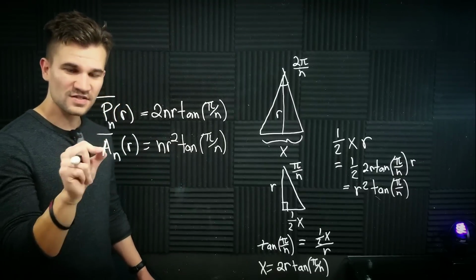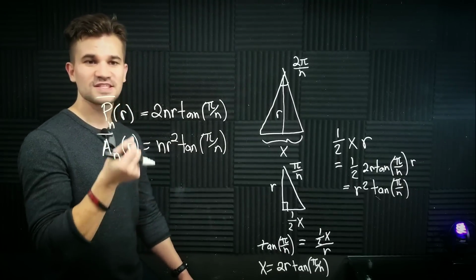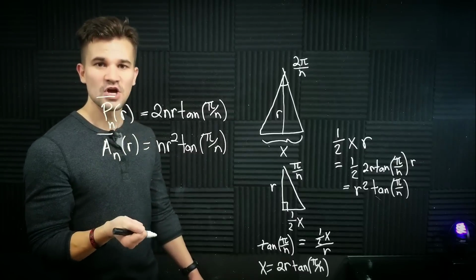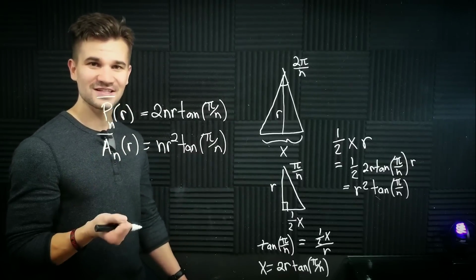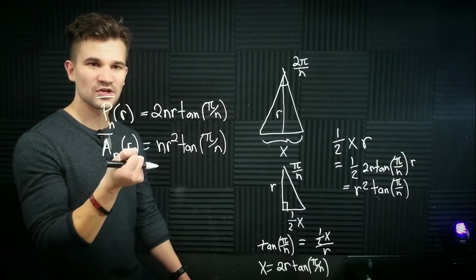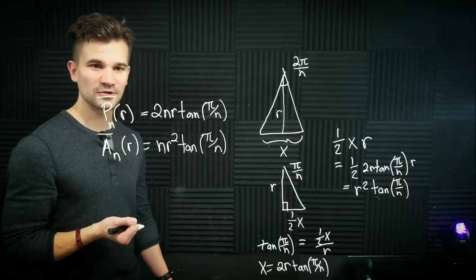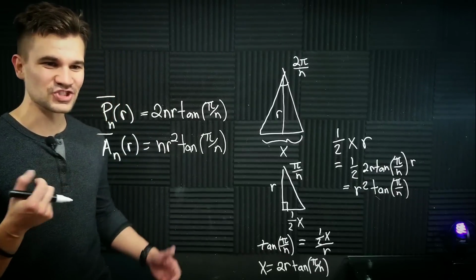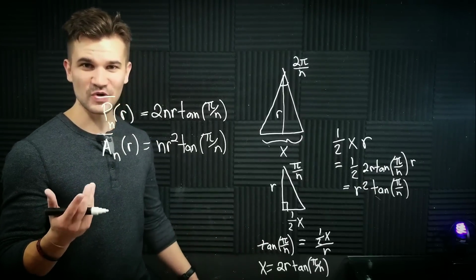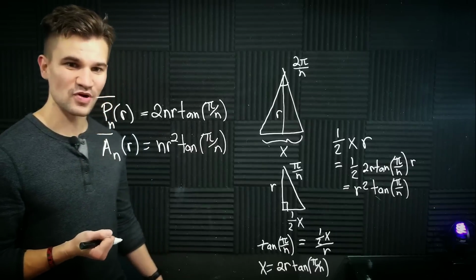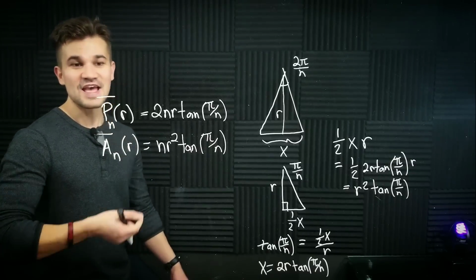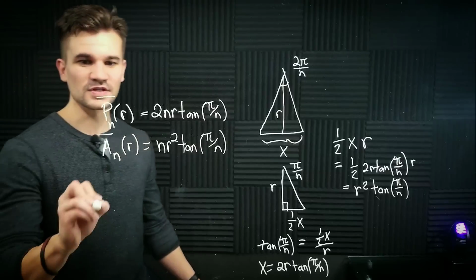Now, recognize how powerful these formulas are. This gives the area and the perimeter of any regular n-gon in terms of the radius of its inscribed circle. So now the only thing to do is to check that the derivative relationship holds. So we differentiate a bar sub n with respect to r, and it's very quick to see that it does work.